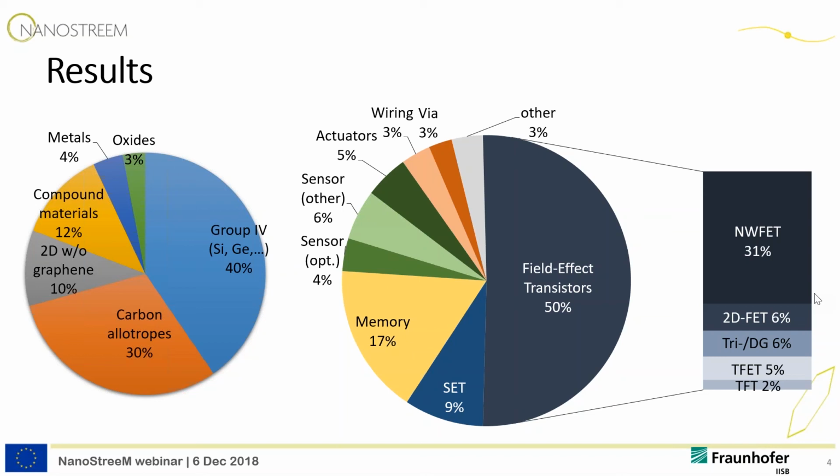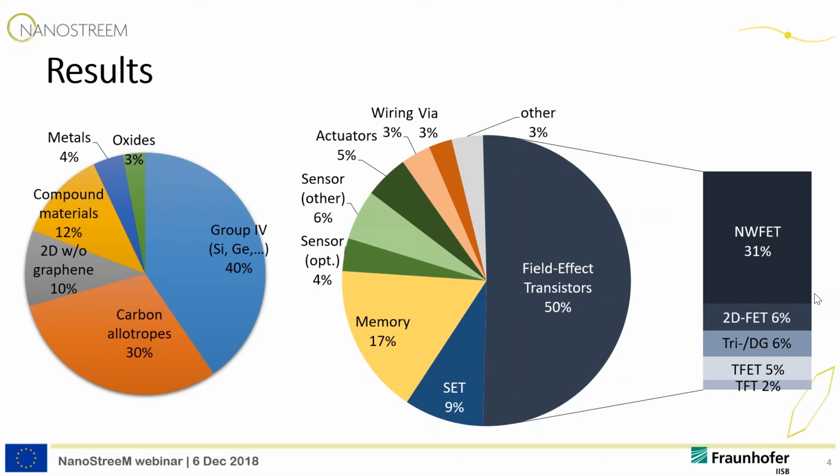There's another huge group on 2D materials that only appears at 10%, but when looking at this, you have to take into account that this is a very new development, and this gathers only appearances during the last few years. There's also been a lot of work done on compound materials, and also compound nanowires come of interest, and then there's some remaining namings of metals and oxides, mainly in the form of nanoparticles.